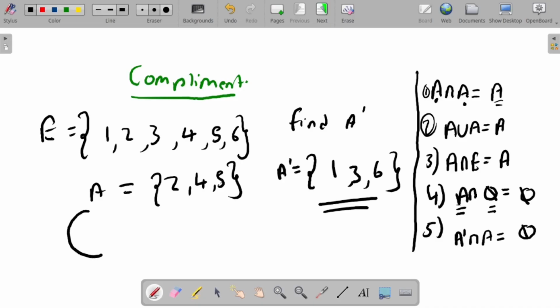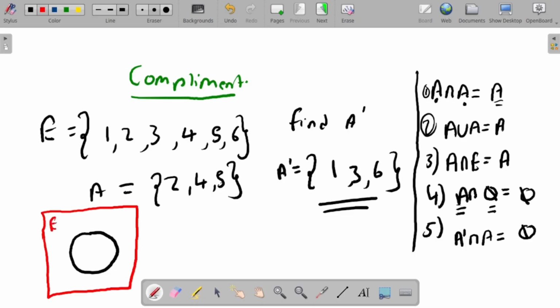So when I've got A here, like that, I've got the universal set. Let me even do this. You just draw one circle like that. Let me even use a different color. So like that.